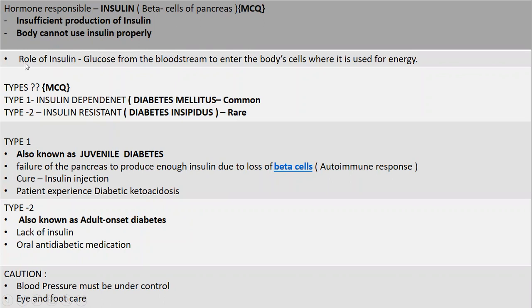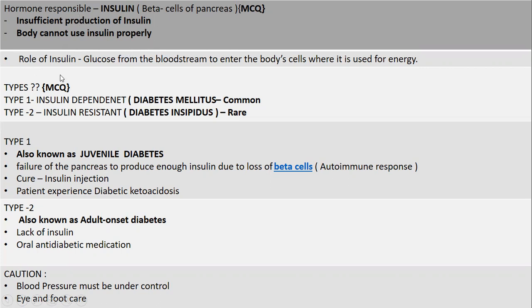Now, if there is a problem with insulin, there are two conditions which can cause this: first, insufficient production of insulin, or second, the body cannot use insulin properly. In diabetes, this condition occurs.